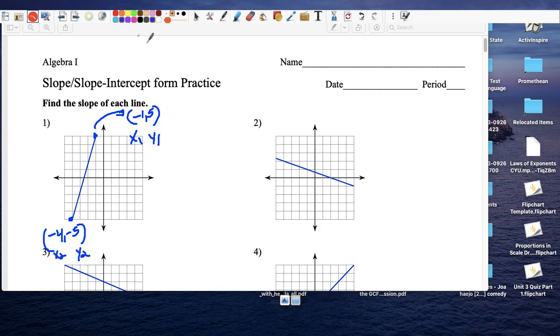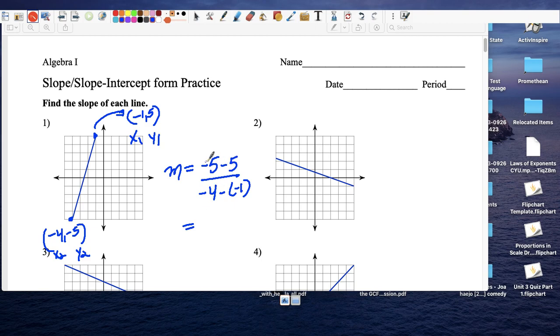The slope will be positive, right? It has to be positive. So we have m equals -5 minus 5 over x2, which is -4 minus -1. Be careful how you subtract your axis, right? It's minus -1.